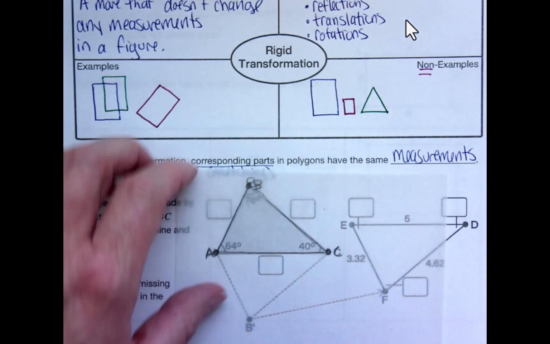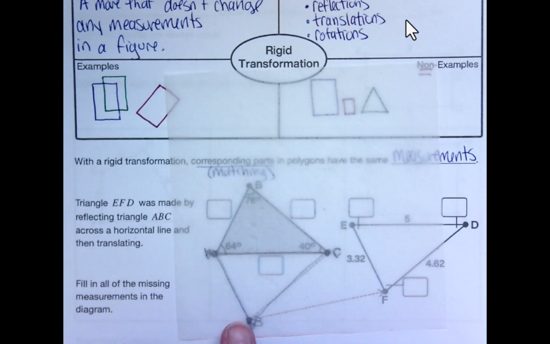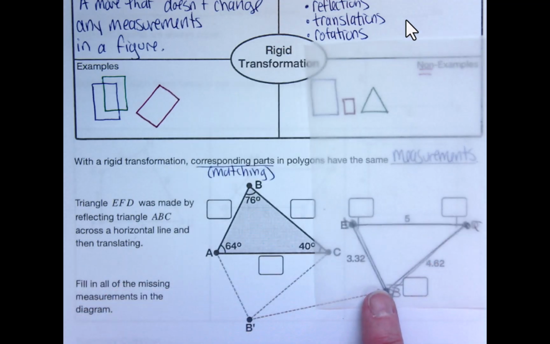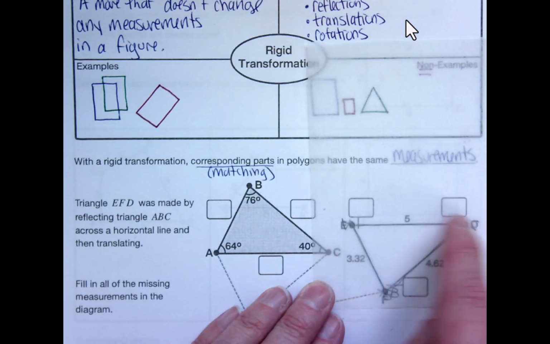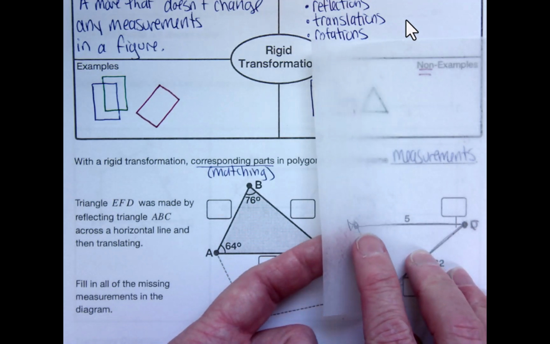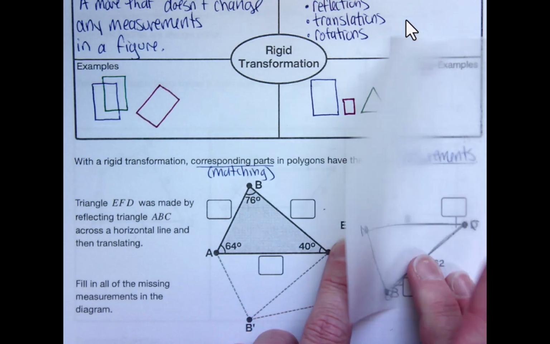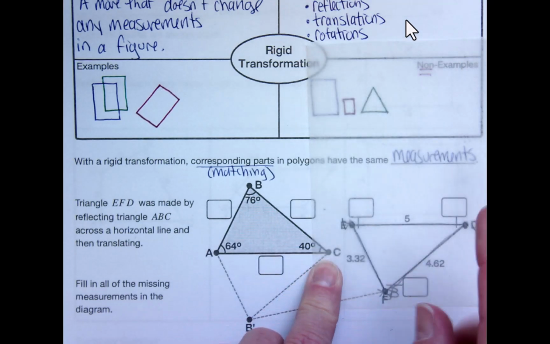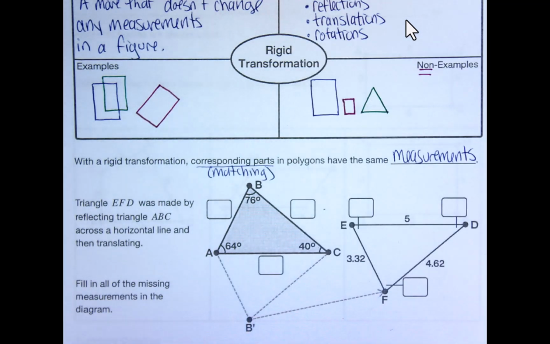So again, what they said was we reflected it over this horizontal line, and then we just translated it up and to the right. And we wound up with triangle EFD. And I can see which sides or which angles correspond with these three points. It's a little weird to see it, but my original point A landed on top of point E. So those are corresponding angles. And the same would be true of the other points that land on top of the new figures.